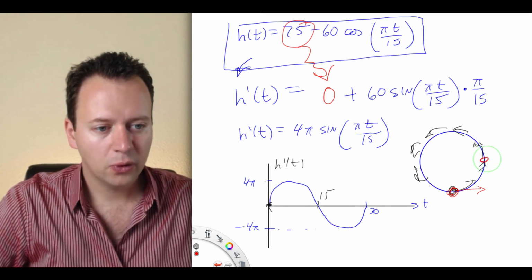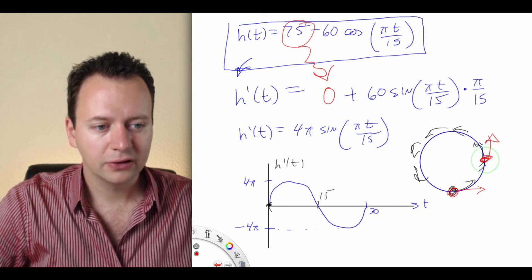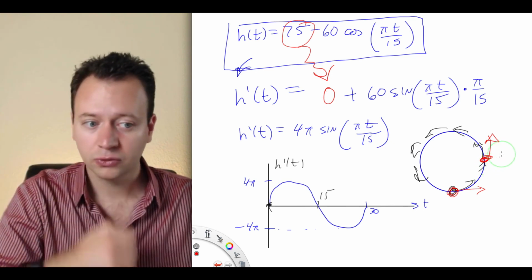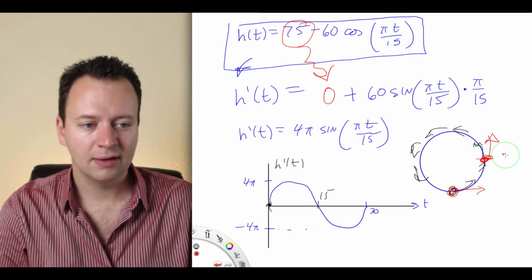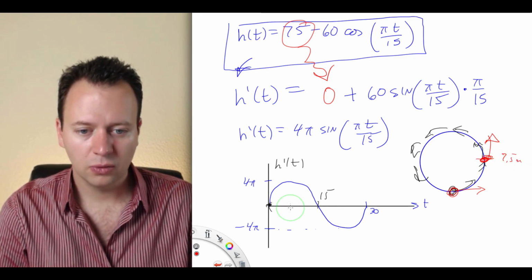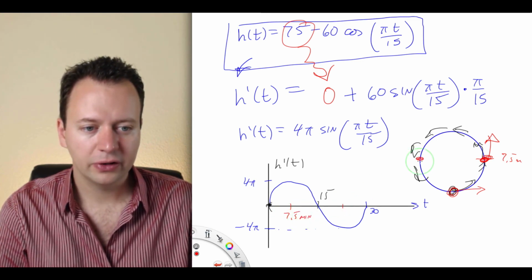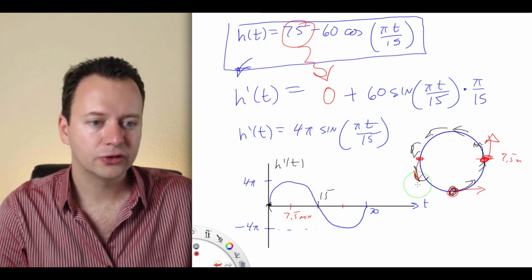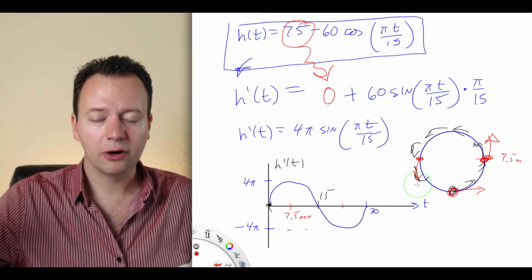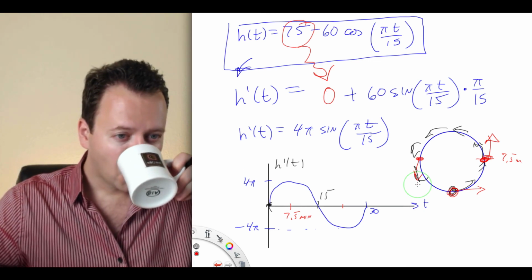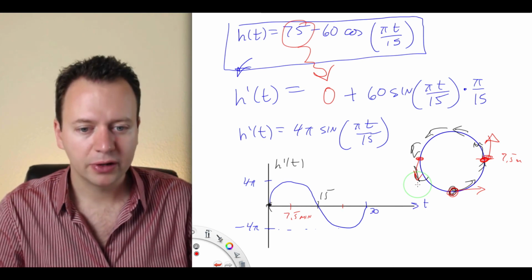When you're at this point, you're increasing in height at the fastest rate, and that happens at 7.5 minutes, which would be right here. And of course, your height is decreasing at the fastest rate at the counterpoint on the way down, so that would be at 22.5 minutes.